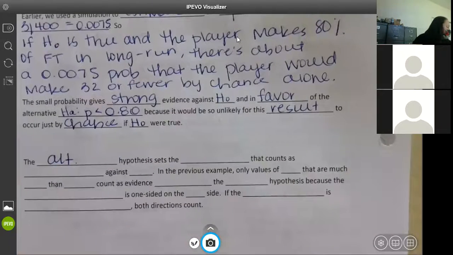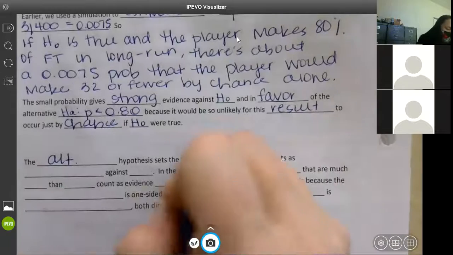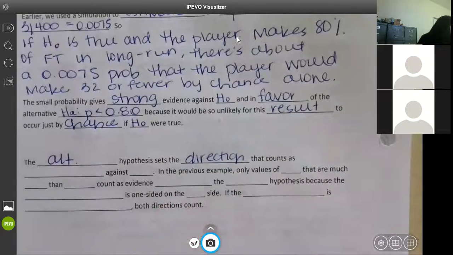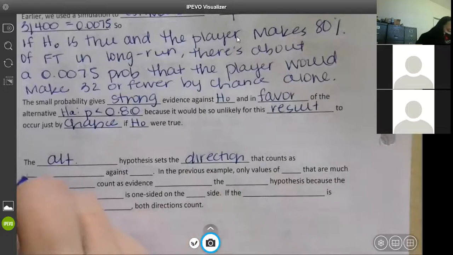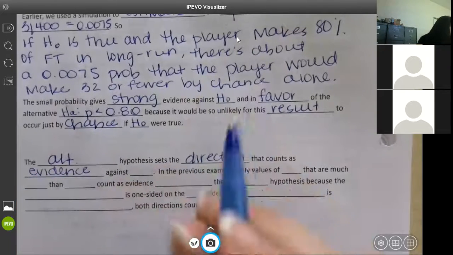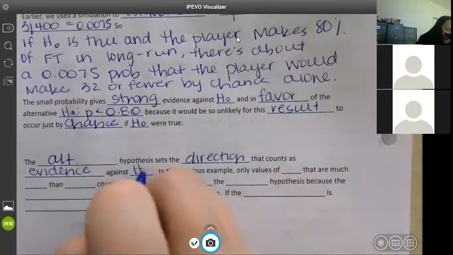The alternative hypothesis sets the direction that counts as evidence against H sub 0.